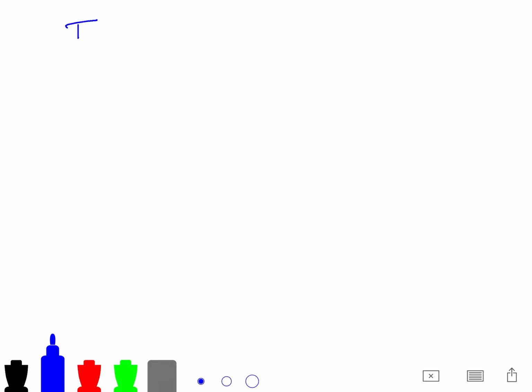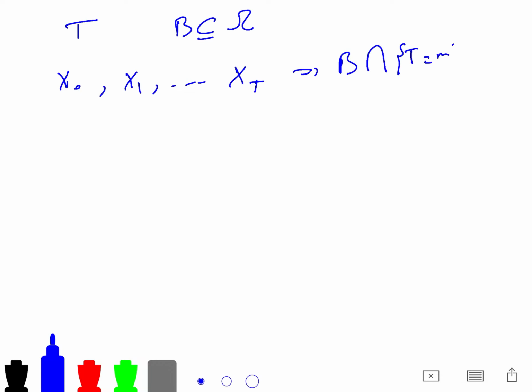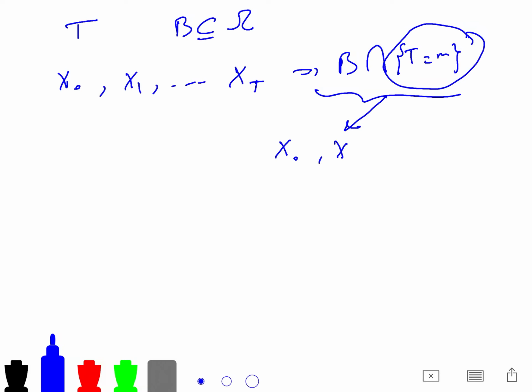So if T is a stopping time and B is a subset of all events that can be determined by x0, x1, up until xT, then we can say that the event B intersection of T equal to m, all of the events inside this, is determined by x0, x1, up to xm.